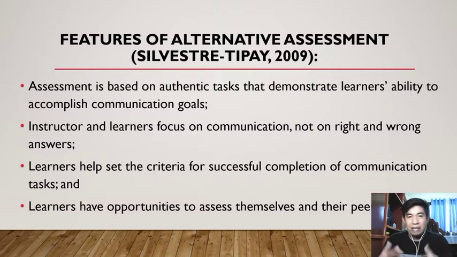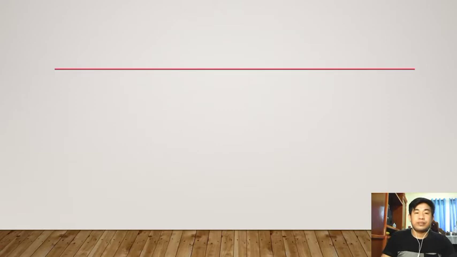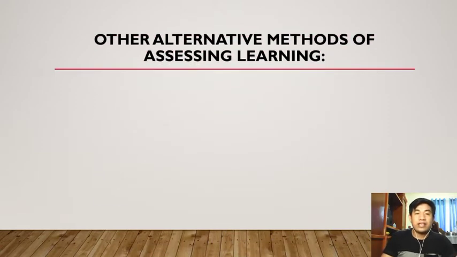So in that arrangement, the teacher gives opportunities for students to assess their peers. Those are the instances where the children rate their own output. That's assessing themselves.